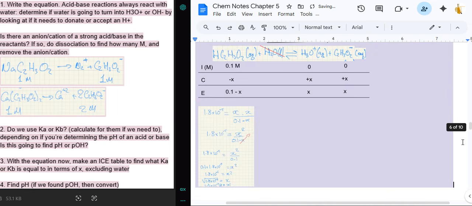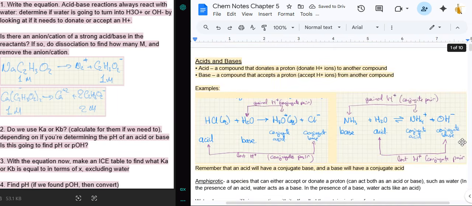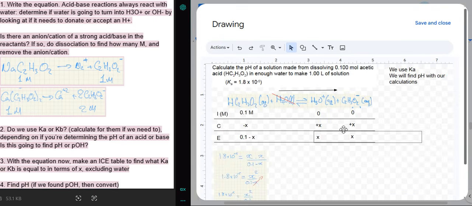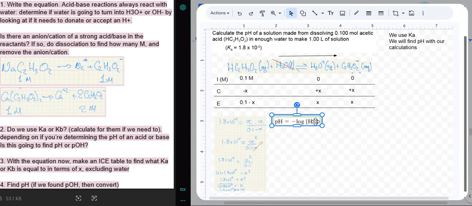If we look up here, pH, we use that formula for this.